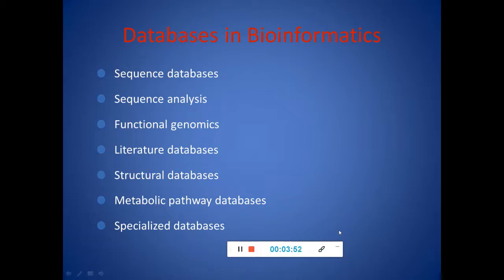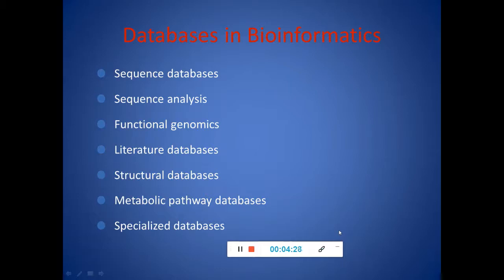Another type of database which we come across is a literature database, which will store a large amount of journals or literature or findings regarding biological informations. It can be structural databases, which show the structural features of certain proteins and all that. It could be metabolic pathway databases, which share information of various metabolic pathways which have been involved in life, as well as there would be various other specialized databases also, which we'll be talking about later on.